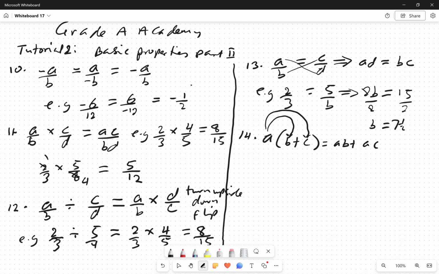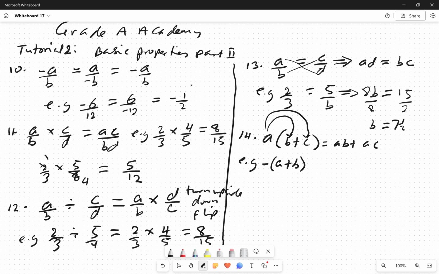So for example, if I have negative outside, then I have A plus B. It means -1 outside. If you just see only a negative, it means there is a 1 there.